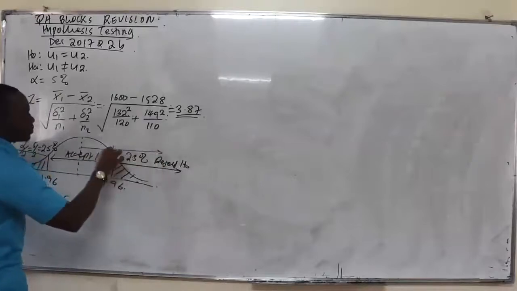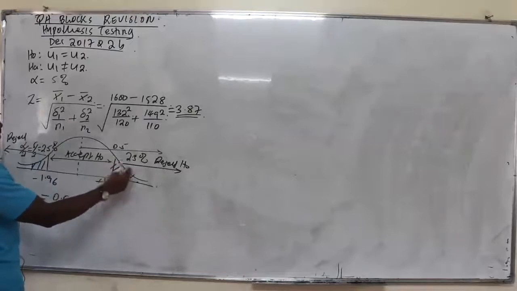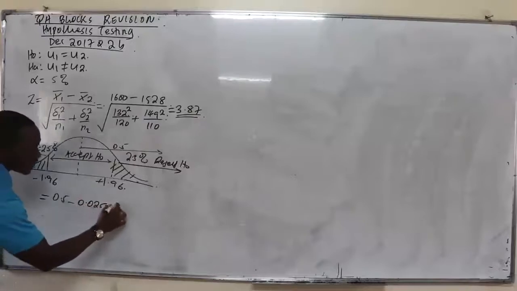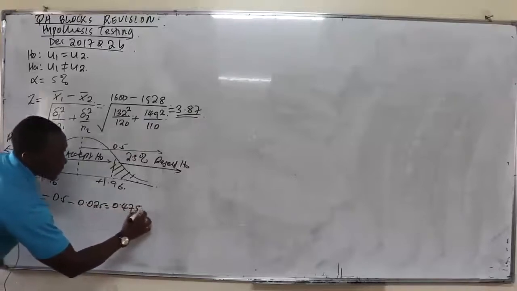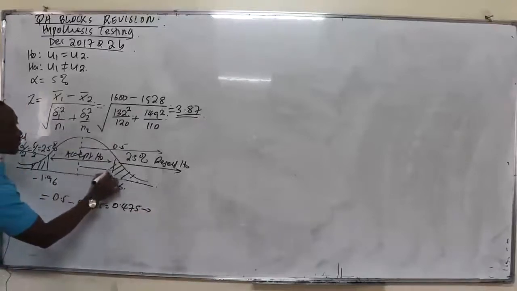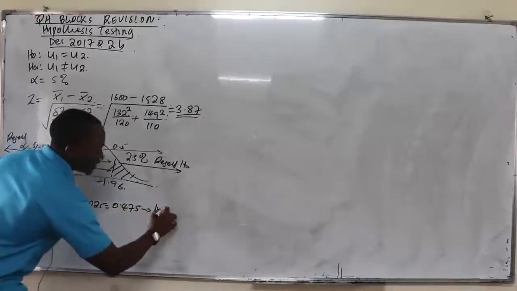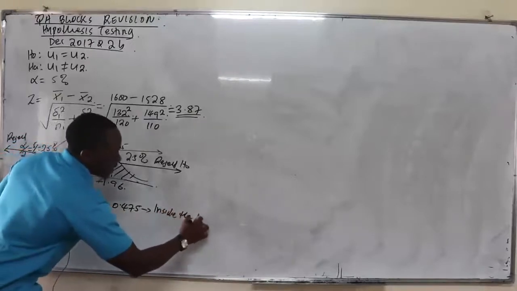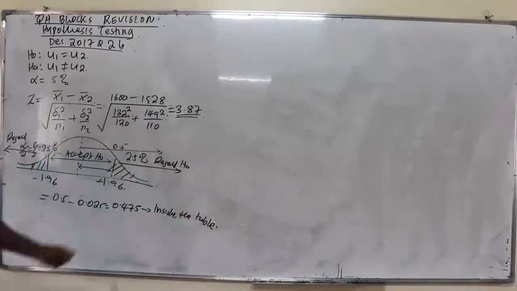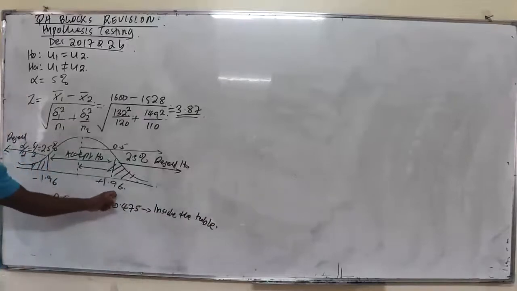The probability of rejecting is 0.025, you deduct that and you have 0.475. Since you want this probability of accepting, 0.475, you read it inside the Z distribution table, and you'll get coordinates of 1.96.